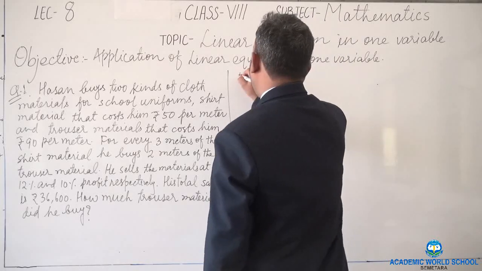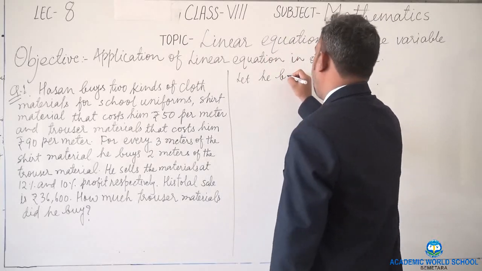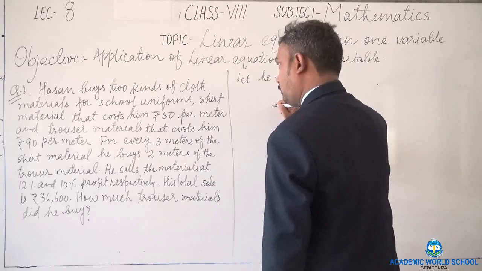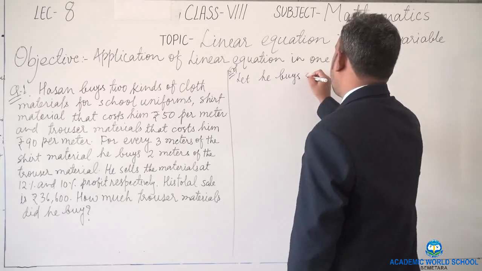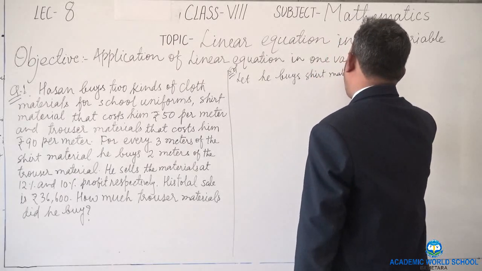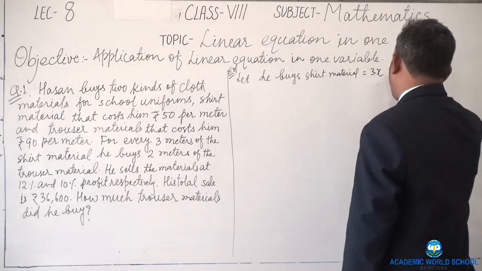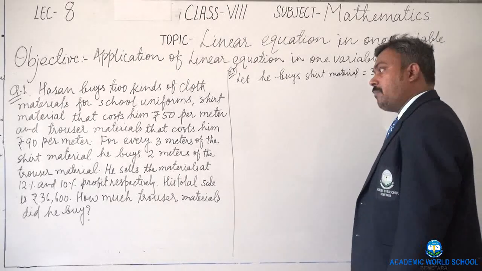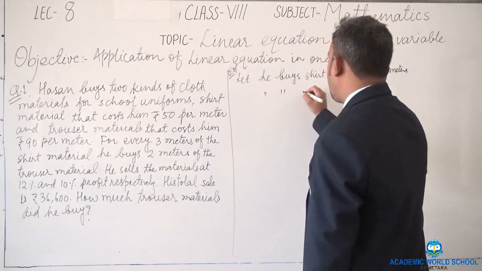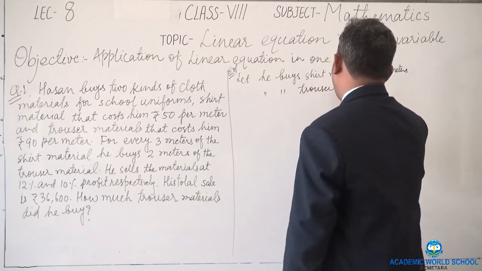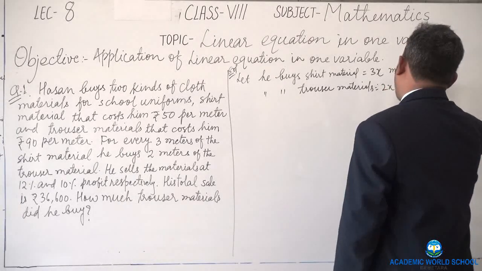So here we assume, this is just the solution, let he buys shirt material equal to 3x meters, and he buys trouser material 2x meters.